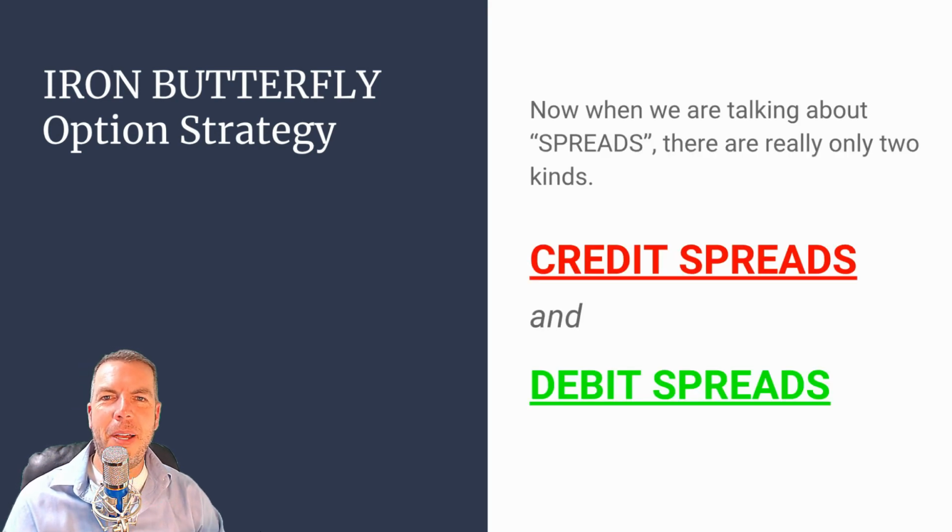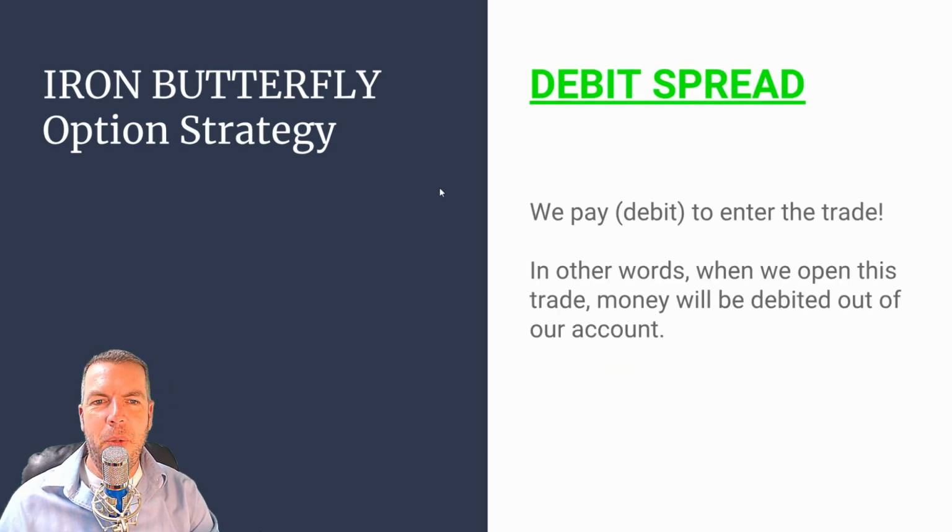When we're talking about spreads, because that's what an iron butterfly is, there are really only two kinds: credit spreads and debit spreads. You already know the difference, I'm sure.